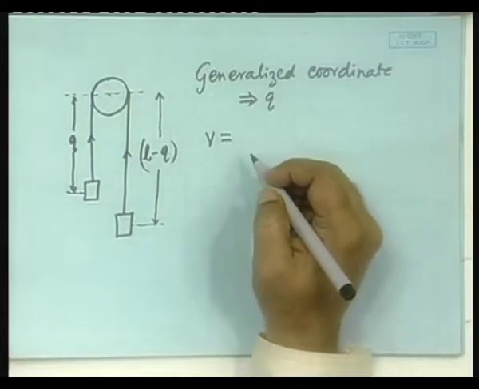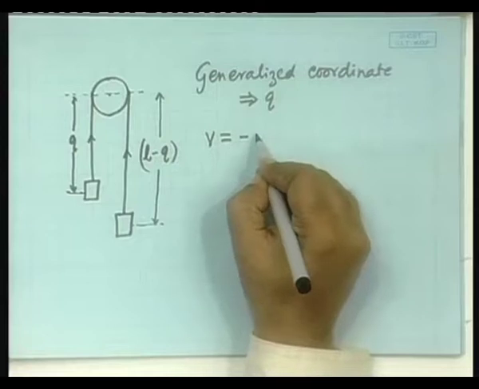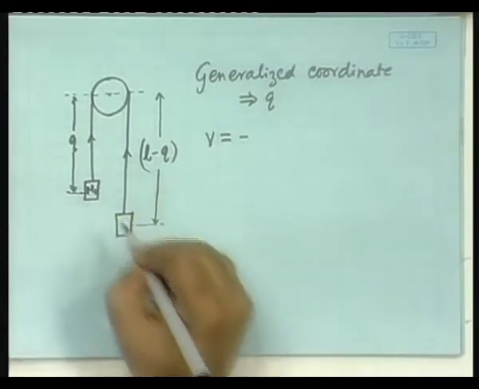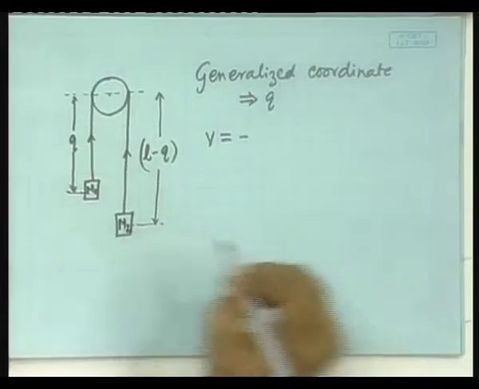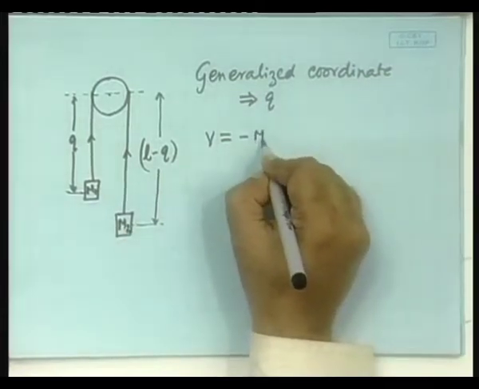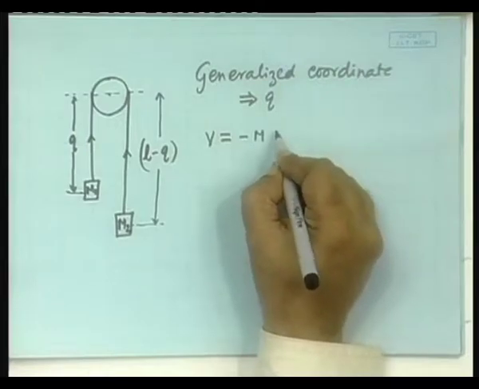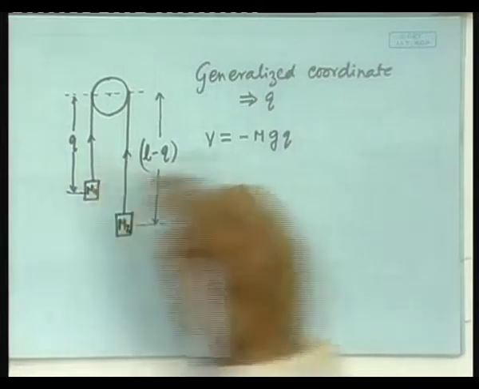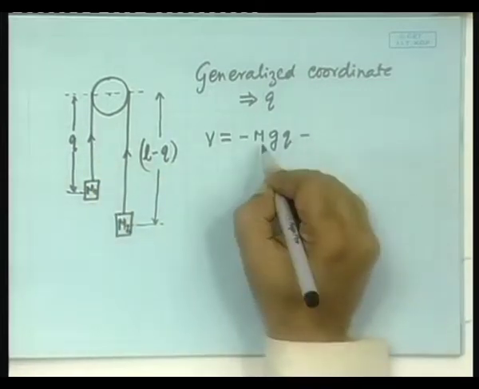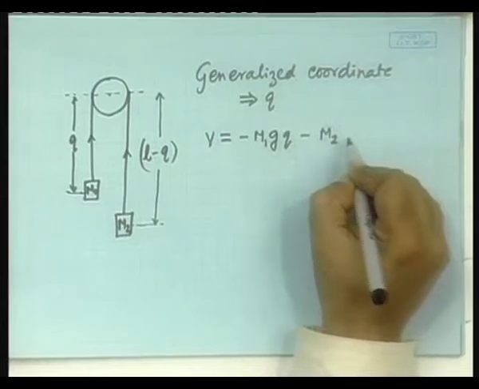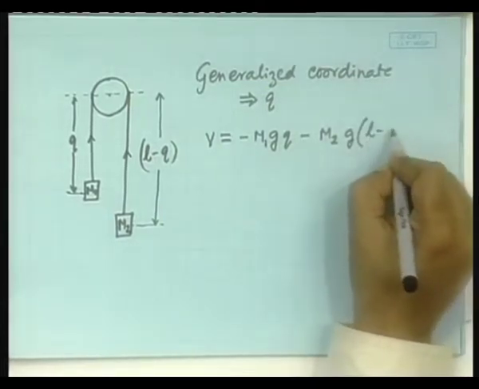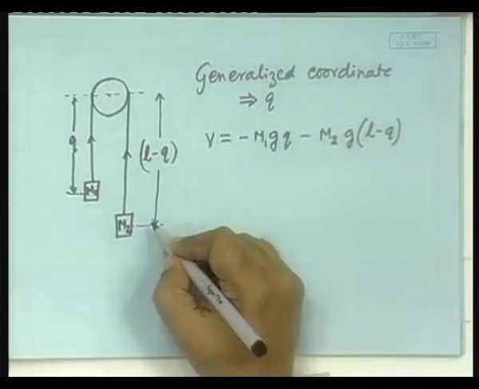So, you have, let us say, let this be m1 and let this be m2. So, you have minus m1 g q for this one, and minus m2 g (L minus q) for this one.